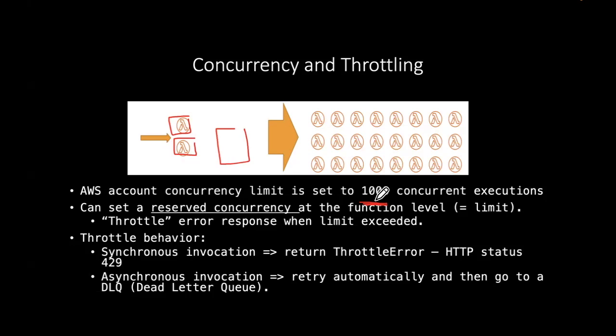And a throttling error is the Lambda service response essentially telling the client that it's too busy, really. It cannot deal with the new events that have occurred because it has reached this upper limit, this concurrency limit.